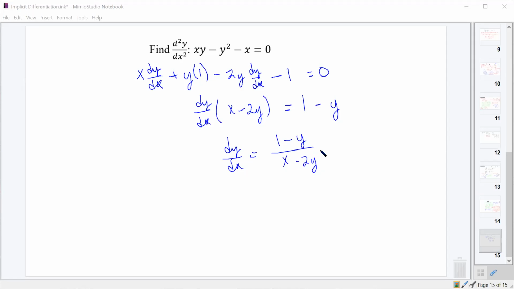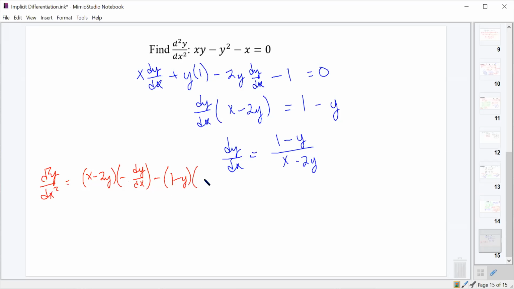Second derivative then, we will use the quotient rule, and it's still implicit differentiation. So we're going to have x minus 2y times the derivative of 1 minus y. Well, that should just be negative dy dx, minus 1 minus y times the derivative of x minus 2y, which is 1 minus 2 dy dx, all over that denominator squared.